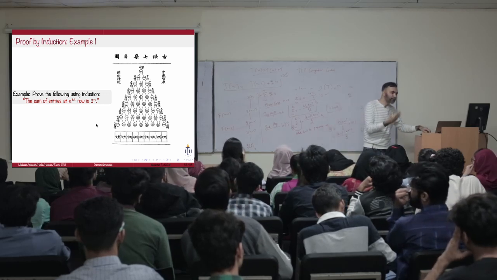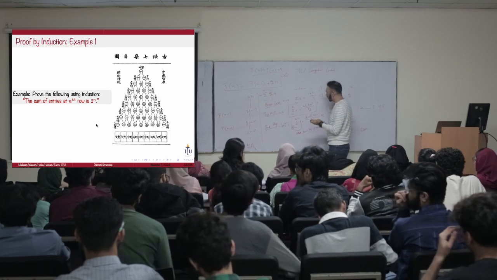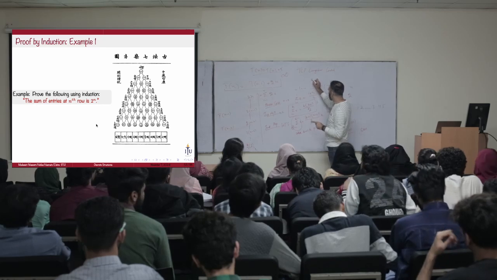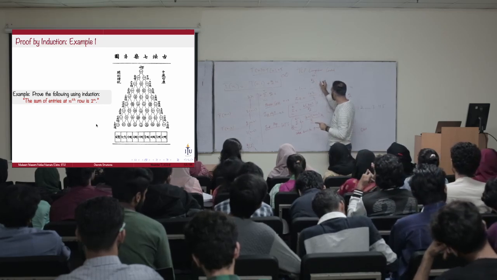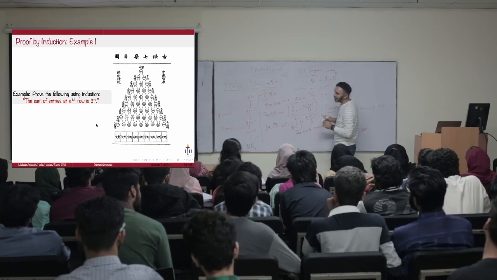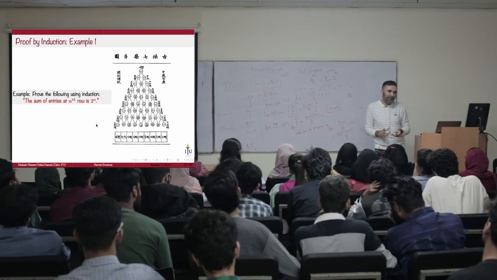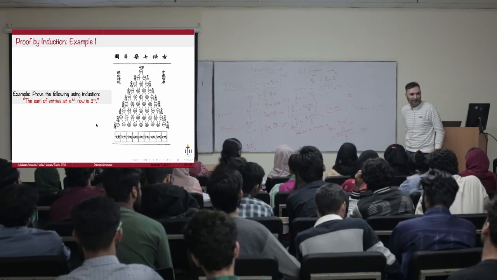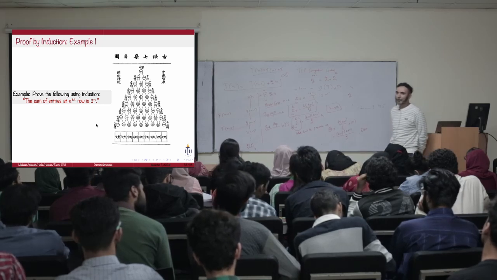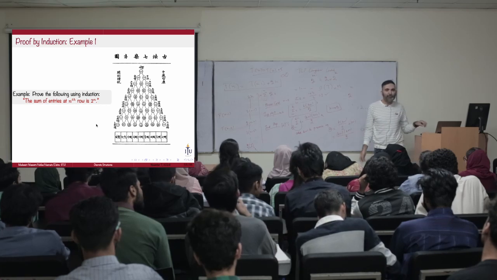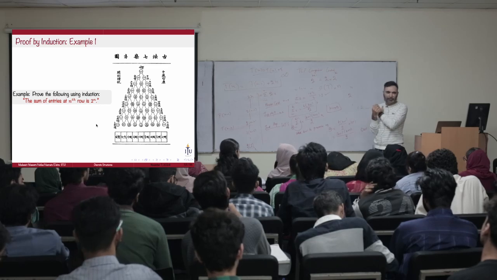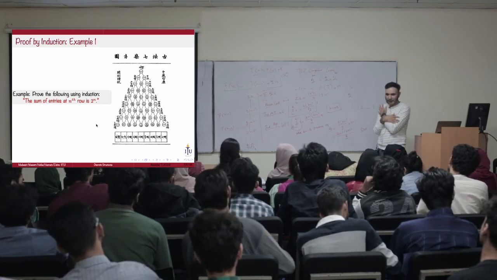So, okay, let me help you a bit, okay? But the next step is going to come from one of you, okay? So, 2 raised to power k plus 1 is equal to 2 times 2 raised to power k. You already knew this, right? But in the context of this problem, this is a hint. So all we are asked to prove is that numbers are doubling in each row. Okay?